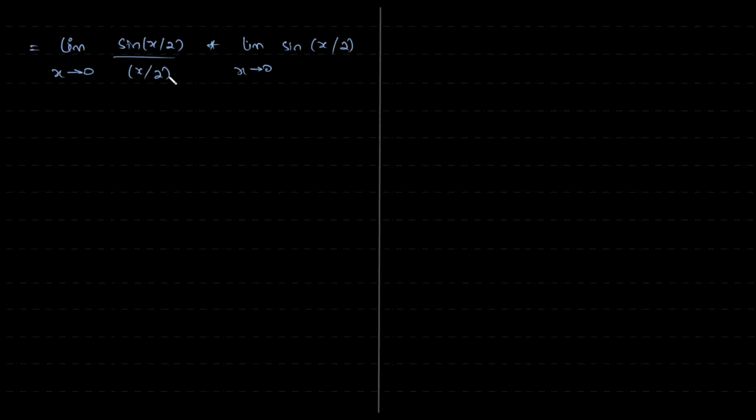Now this is nothing but 1, while the other expression is sin of 0 by 2, which is 0 itself. So sin 0 is 0 and our overall result is 0, and we have the proof. That's it.